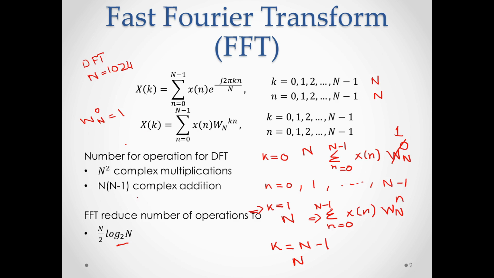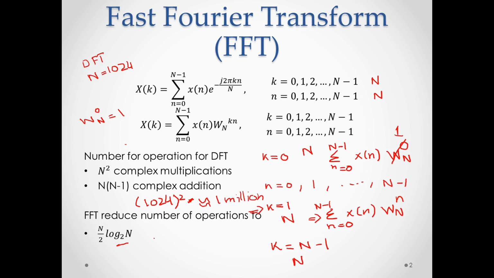If we are calculating the Fourier transform when n is equal to 1024 using DFT, how many complex computations do we need to perform? That will be 1024 whole square, which is approximately equal to 1 million complex computations.